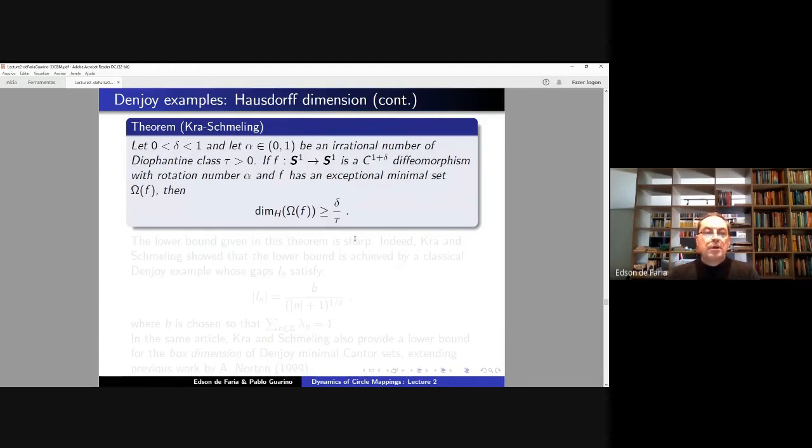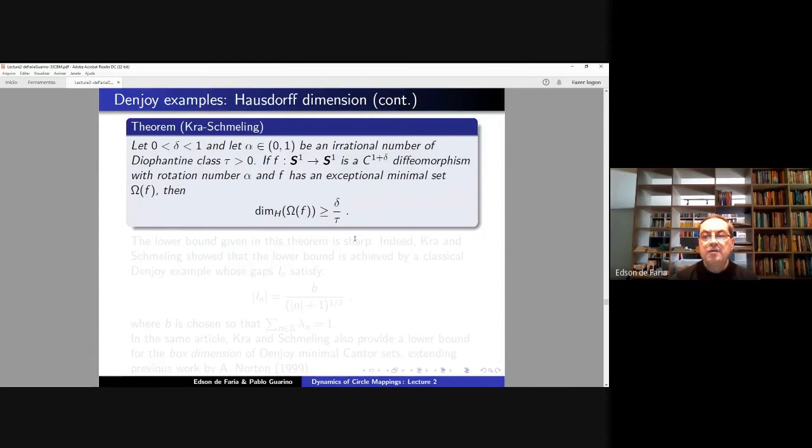So the theorem, proved by Kra and Schmeling, Jörg Schmeling, is the following. Suppose you have a number delta between 0 and 1, and you take an irrational number between 0 and 1 of Diophantine class tau greater than 0.